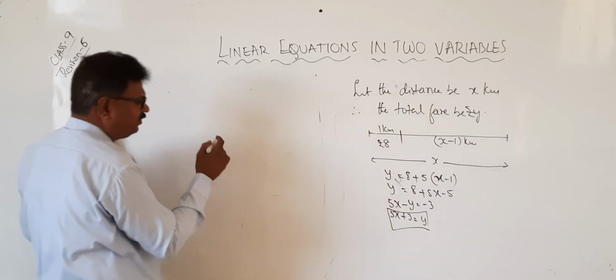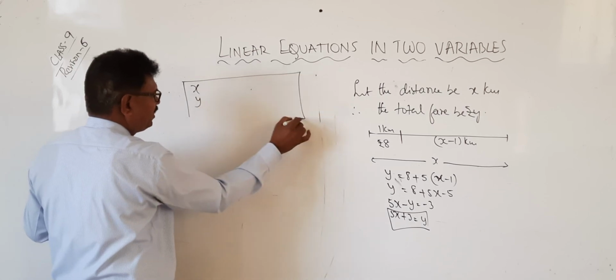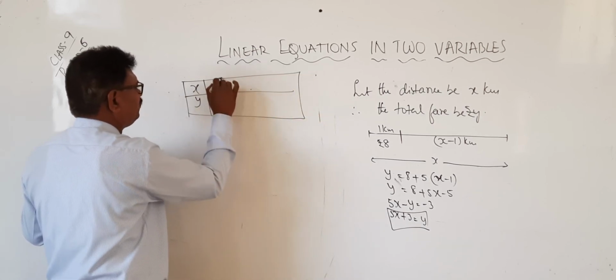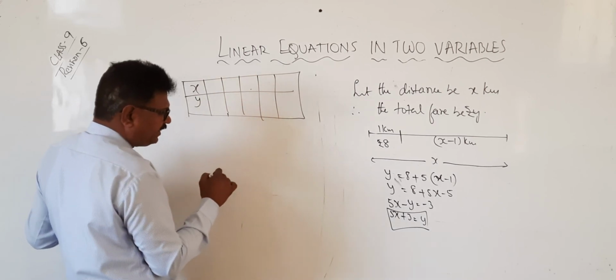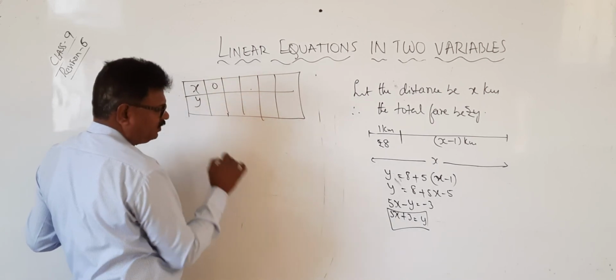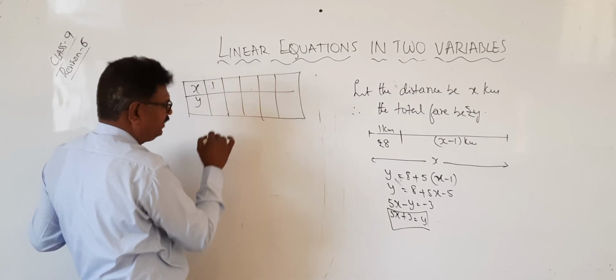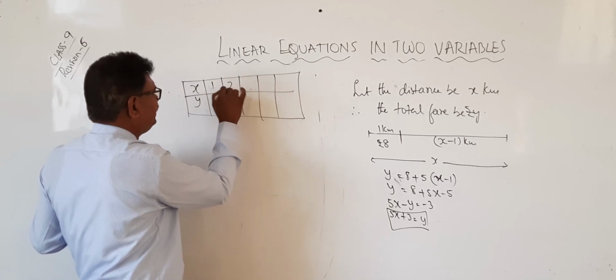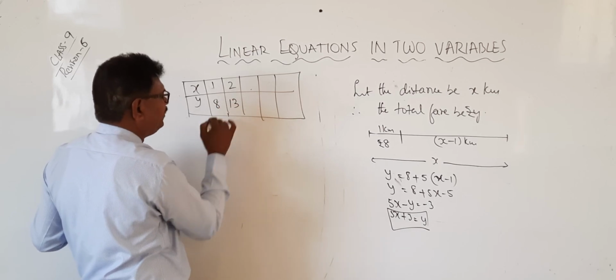Very simple. Now x, y, you can take the graph points 1, 2, 3, 4, 5. For example, x equal to 0, or x equal to 1 kilometer, it will be 8. If it is 2, it means 10 plus 3, 13.